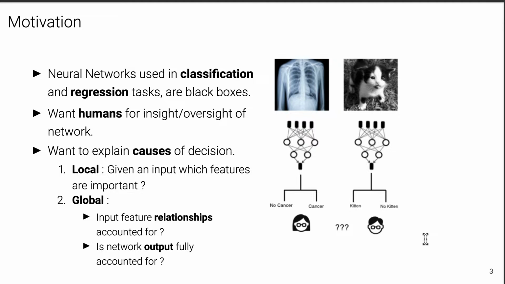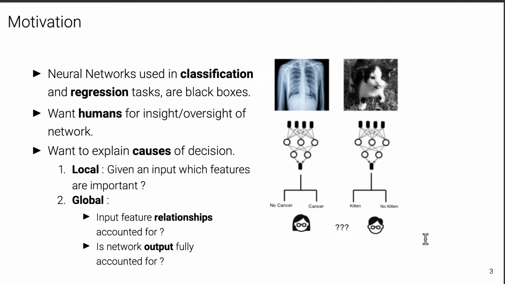As we've seen before, we want to be able to have some confidence in their judgments. We want humans to be able to oversee where the decisions are coming from. That means we want human beings to know what the causes for these decisions are.